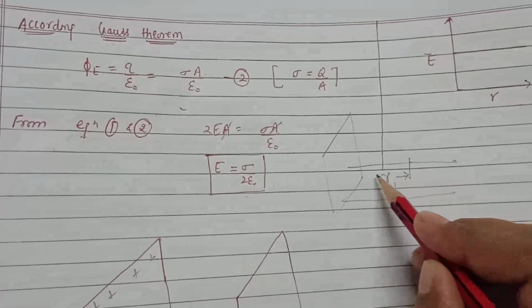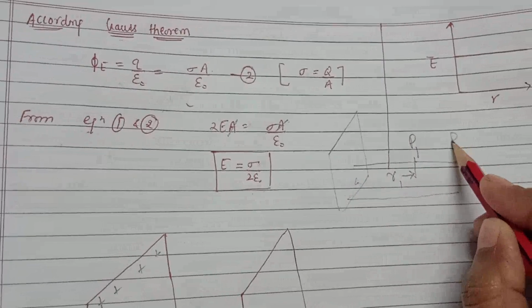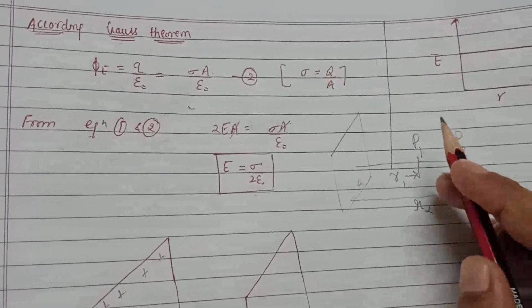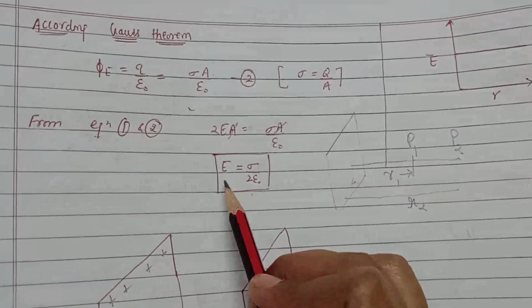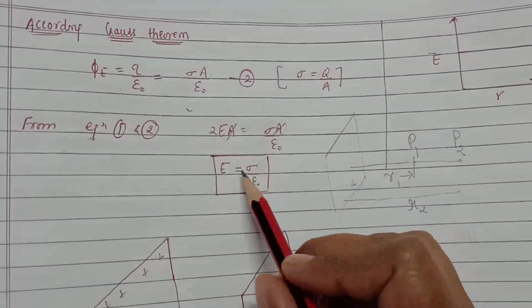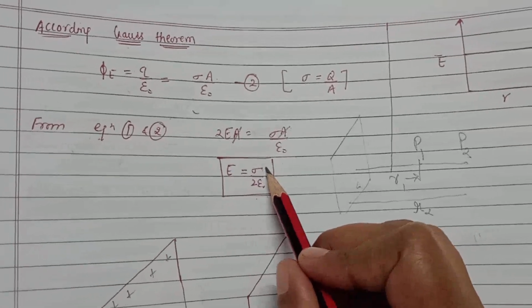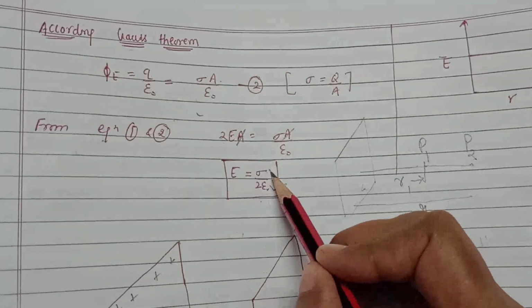This is for r1, and at this point suppose p1, and this point suppose p2. So we have to calculate the electric field at points p1 and p2. But what happened in the formula? There is no dependence of electric field on r. It depends only on surface charge density sigma. This is also a constant, and for a charge distribution it is also a constant.